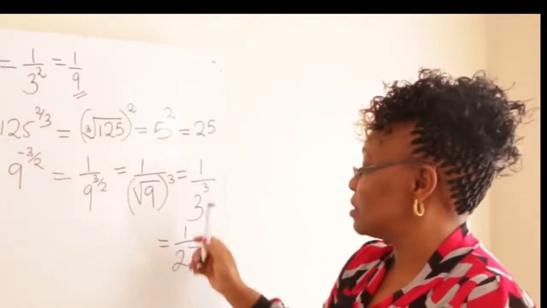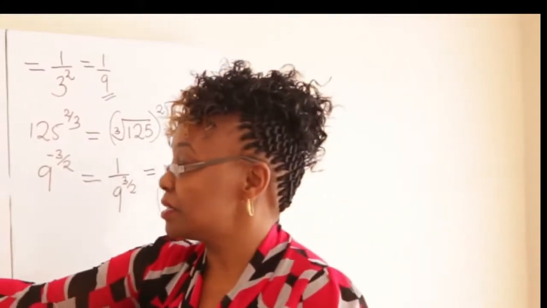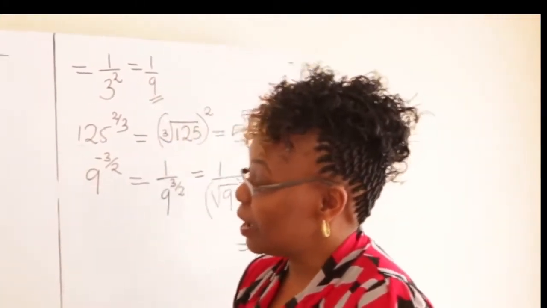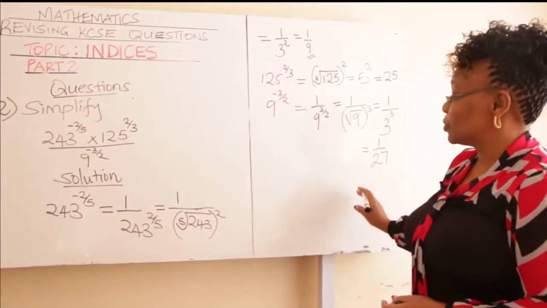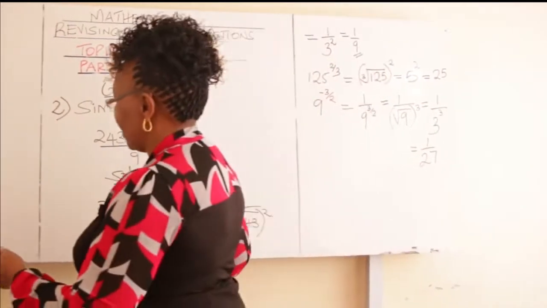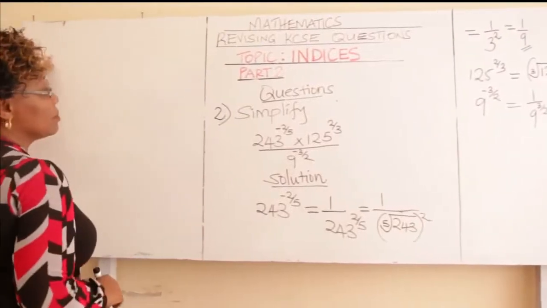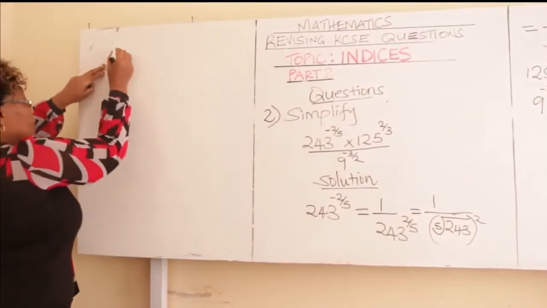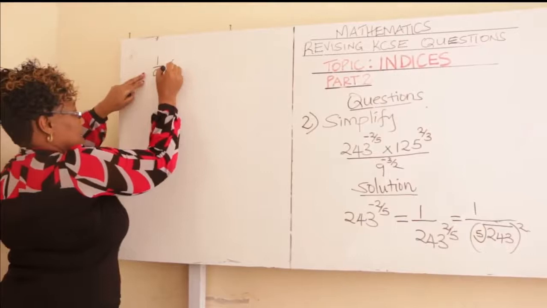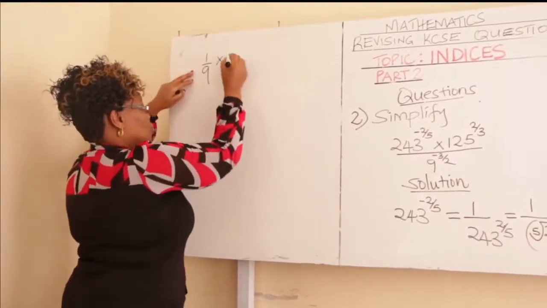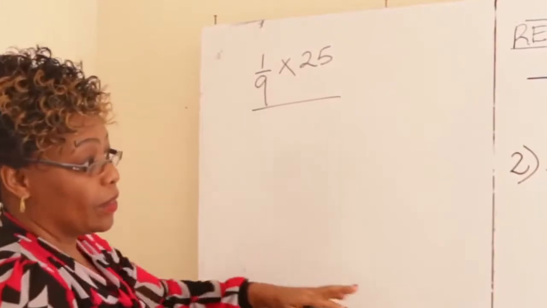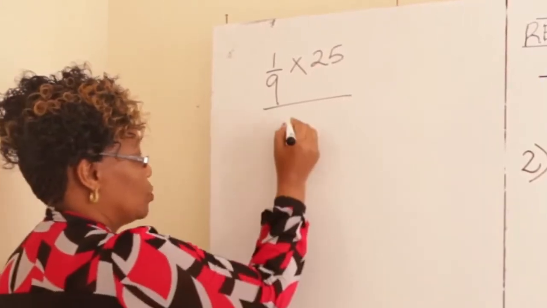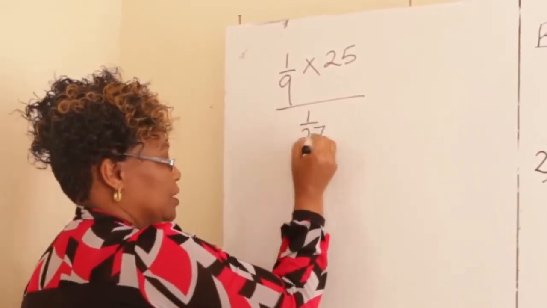From there, learner, substitute the values in the very first fraction. The first one is 1 over 9 times the second one, 25, divided by the denominator, which is 1 over 27.